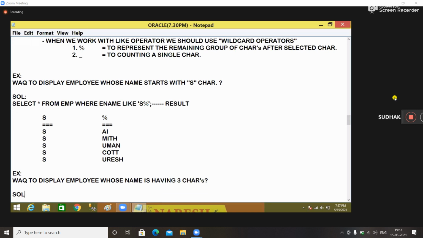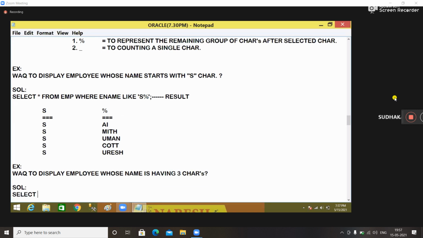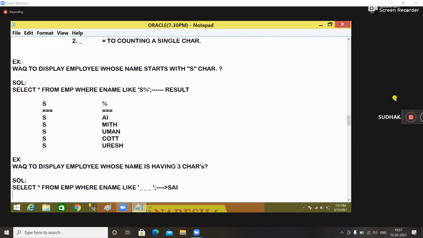So in this solution, three characters means I have to use three underscores for my table. So now I'm using E name with the like operator: one underscore is one character, one underscore, one character, one underscore, one character. So three underscores means three characters. Then what is my result for this? My result is what now?